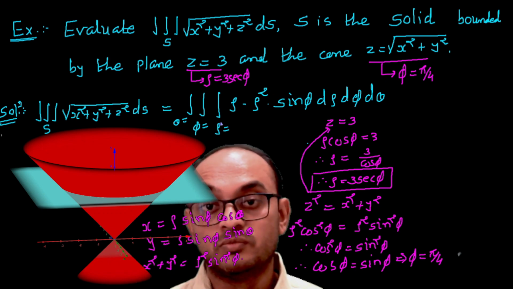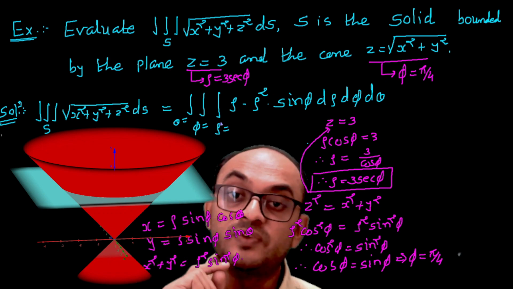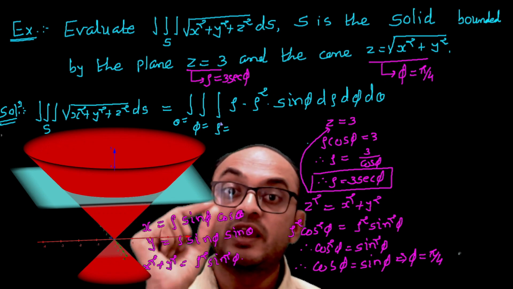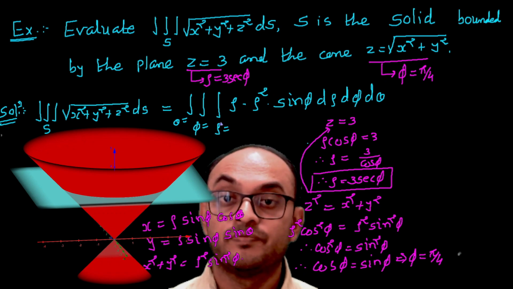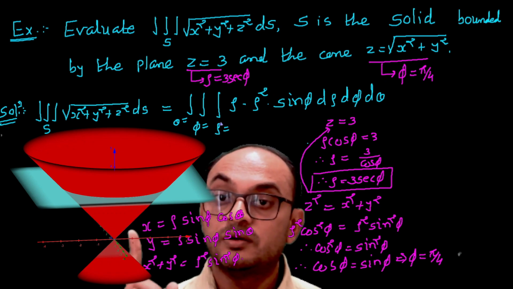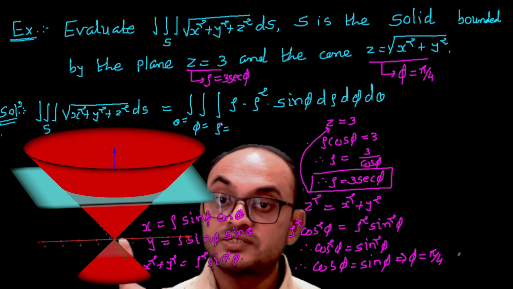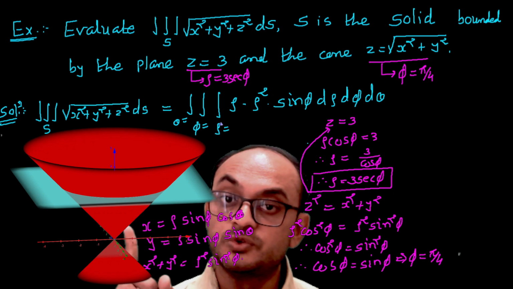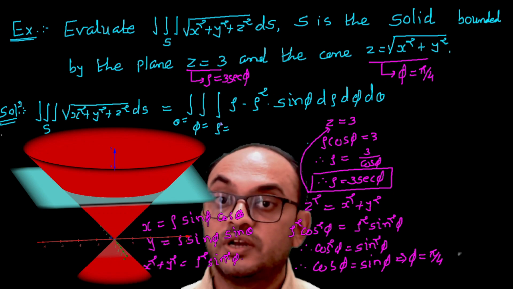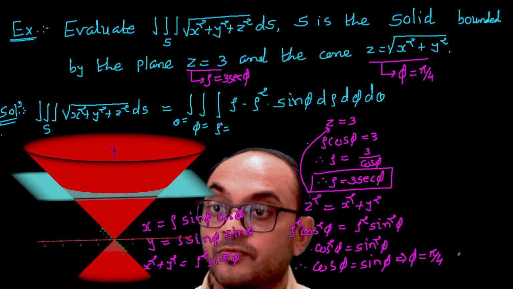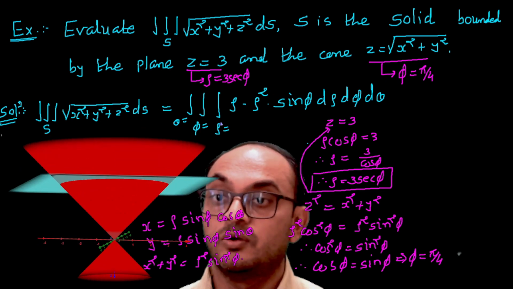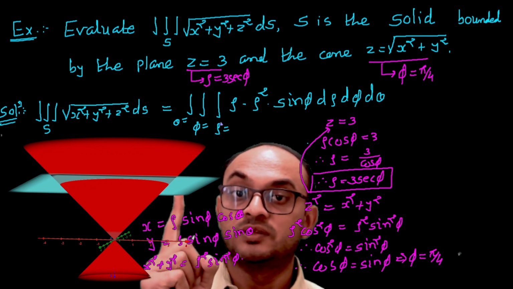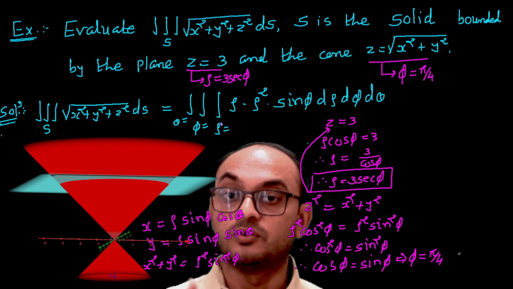Now what is rho? Rho is the radius of the sphere, right? So if the sphere is very small, then the radius is very near to 0. So in my region, radius rho starts from the origin, rho equal to 0, and I have to go till this blue color plane, z equal to 3, right?